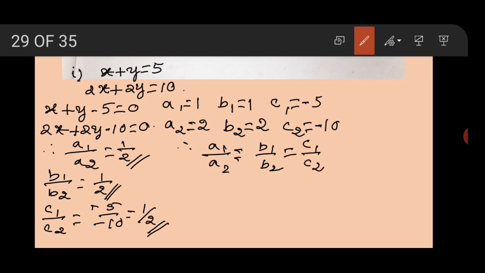Therefore, is this consistent or inconsistent? Since all ratios are equal, these are coincident lines, therefore it has infinitely many solutions, therefore this is consistent.